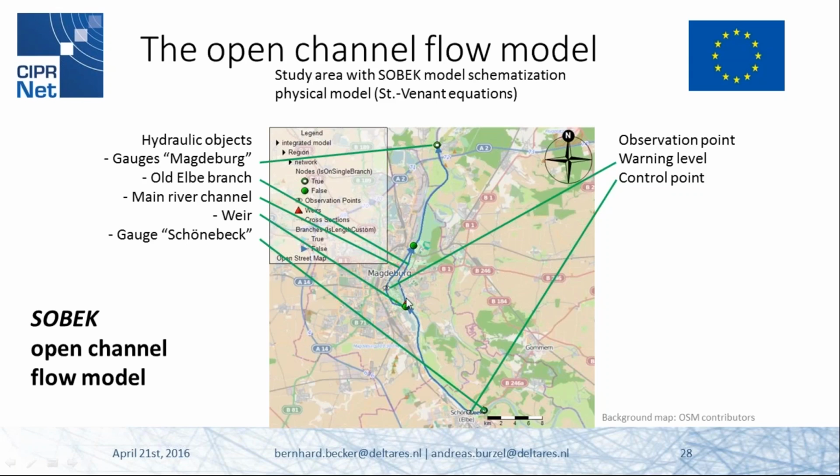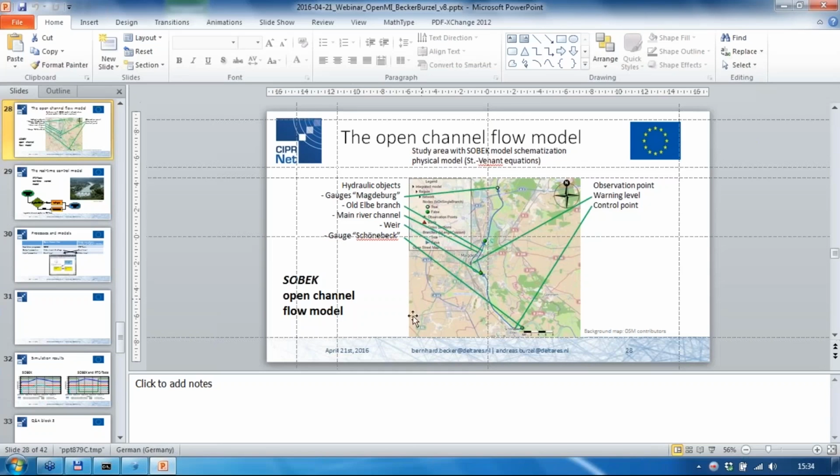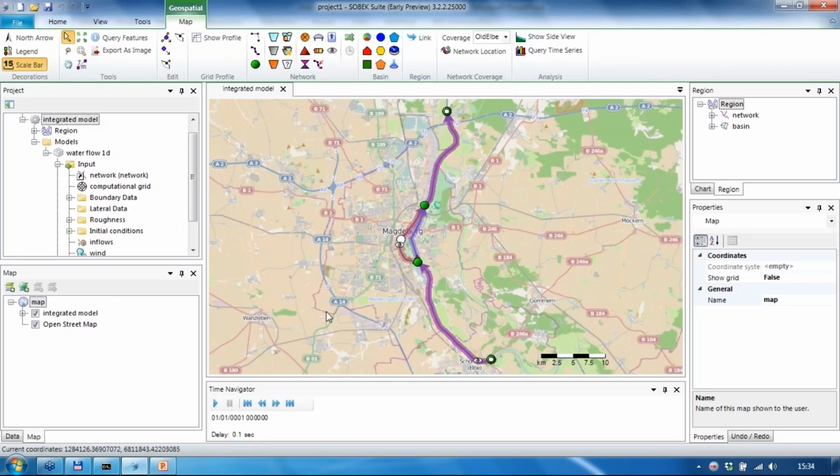I have to leave the presentation now and go into the SOBEK user interface in order to show what's happening without control. So we have here the SOBEK graphical user interface. Again, here is the river network with the two parallel channels and the observation points, and here this weir.